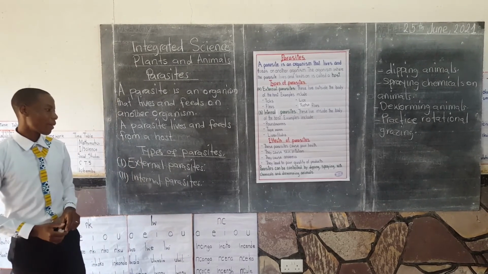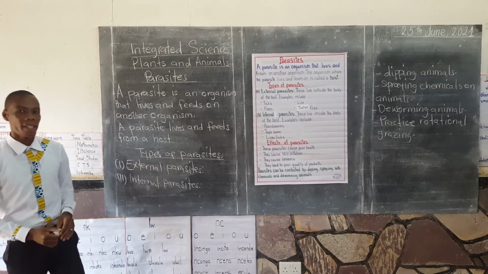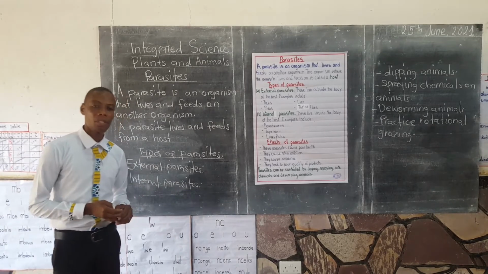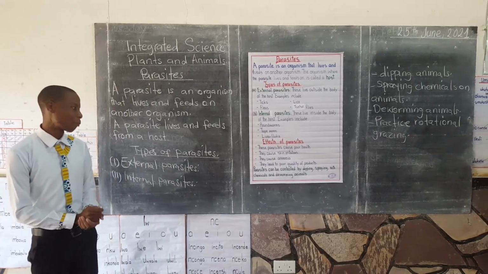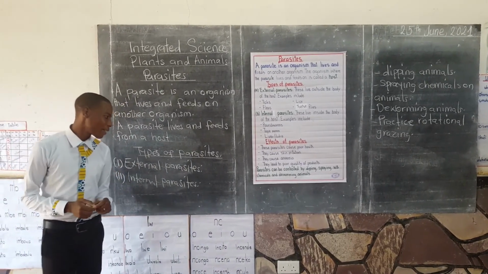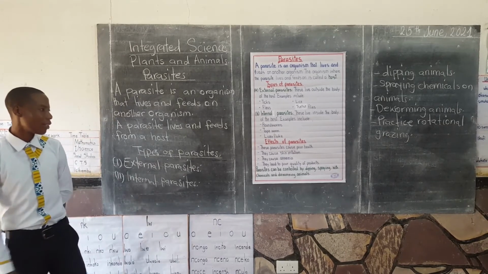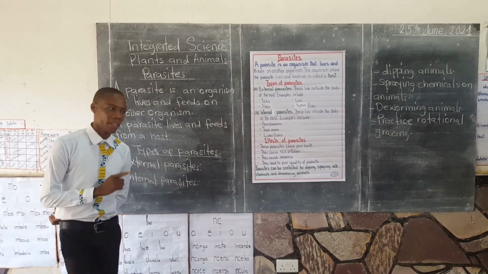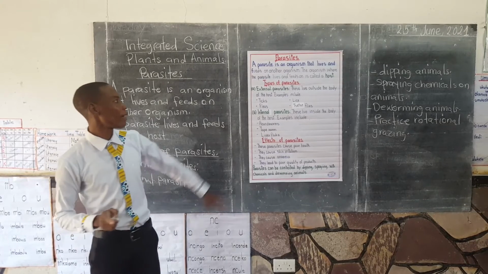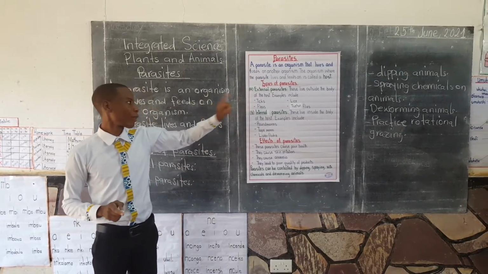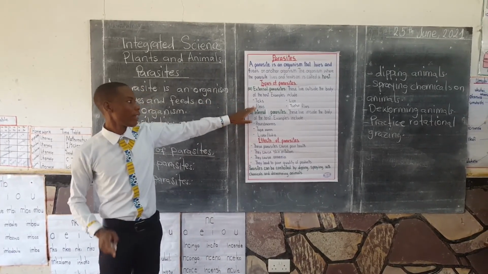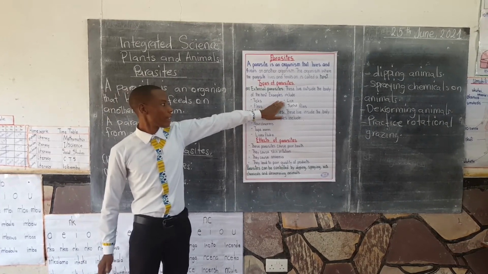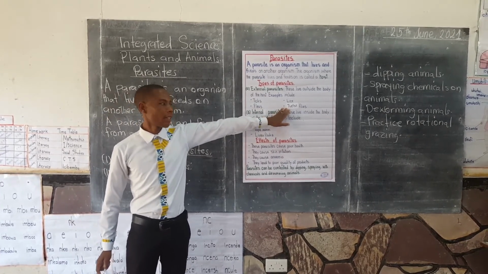What are external parasites? These are parasites that live outside the body of an organism. Examples of external parasites are ticks, fleas, lice, and tsetse flies.